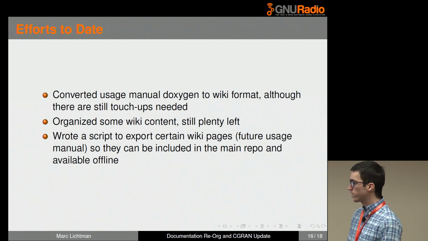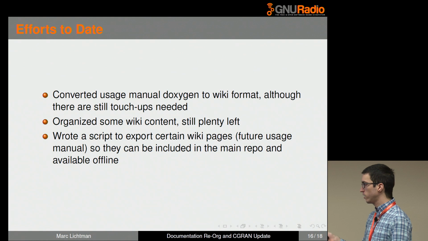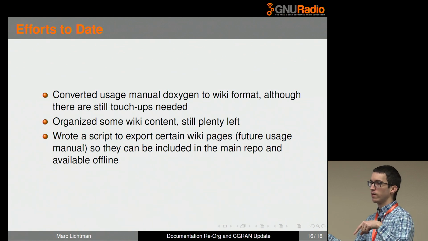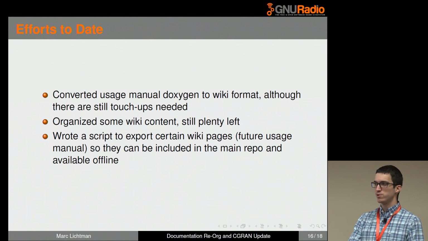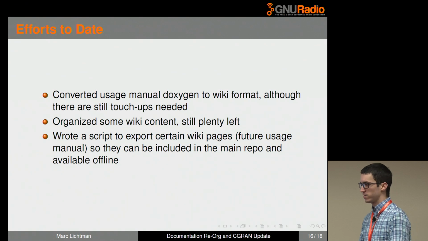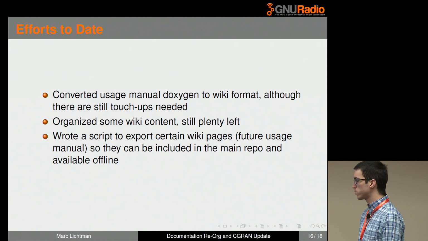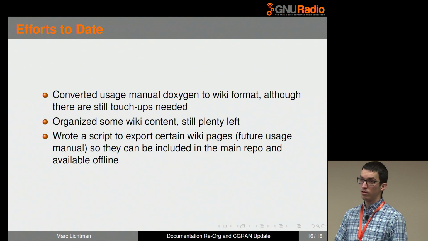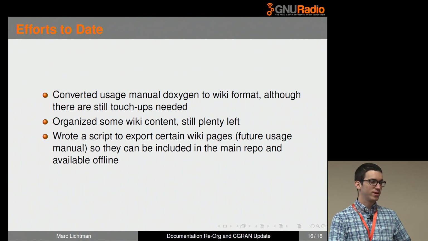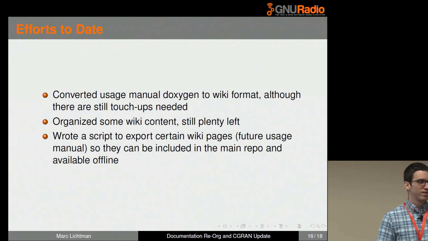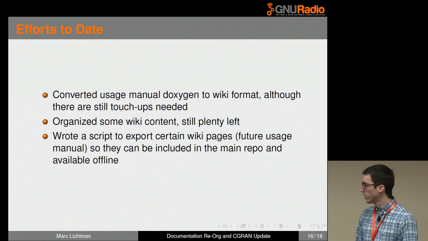And then to address the issue of if the usage manual lived in the wiki, how would people offline be able to use it? Because it's in the main repo. So I wrote a little script that can export certain pages, so we can list all the usage manual pages. That exports them to text files that look a lot like the old wiki doc files.